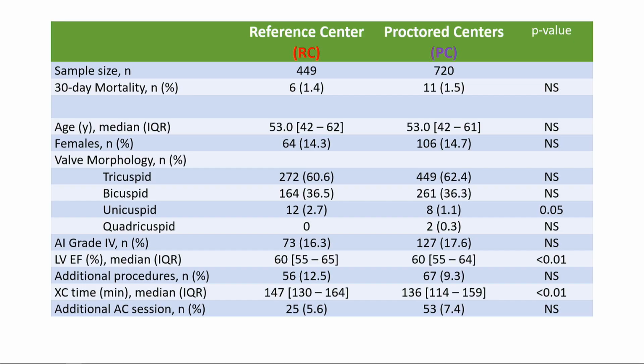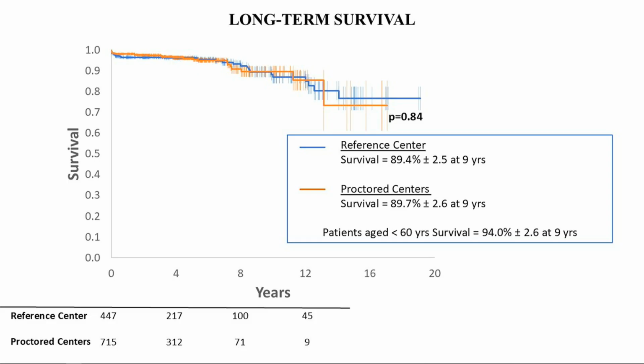Here are the characteristics. The 30-day mortality was similar among both groups, and there was no particular main difference. As you see, the cross-clamp time was longer in the reference center than in the proctor center, so it means that maybe sometimes you teach people and they go faster than you, so that's good to see.